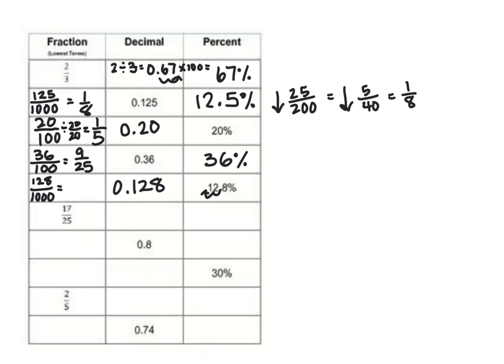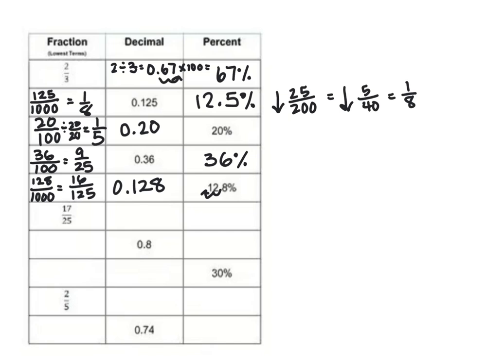And you had to hit your simplify enter button a few times to get down to 16 over 125. All right, next one.